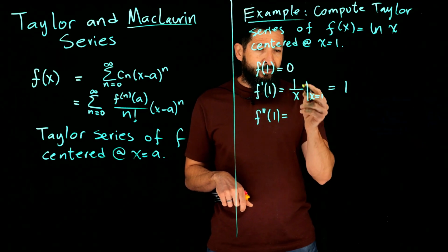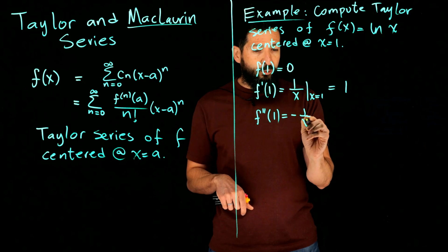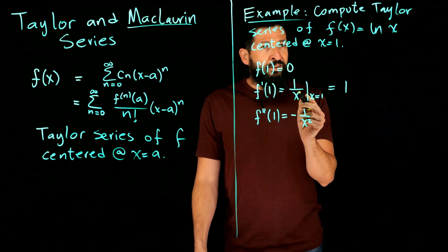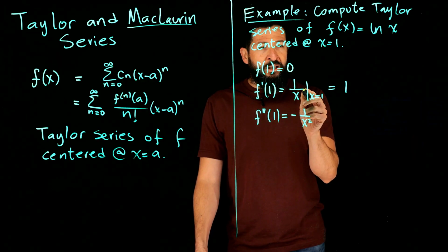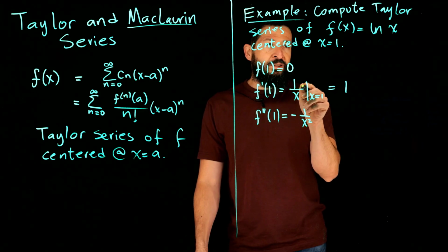So let's take a look and see what happens. When I take this derivative here, I'm going to have negative 1 over x squared. That's what you get when you think about 1 over x as x to the negative 1. You drop the negative 1, and minus 1 in the exponent becomes negative 2.